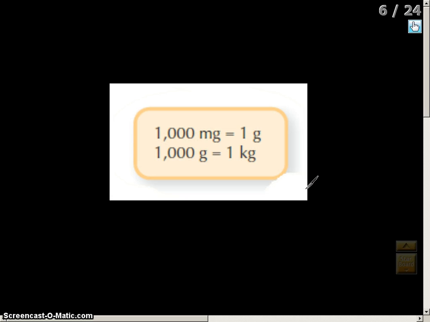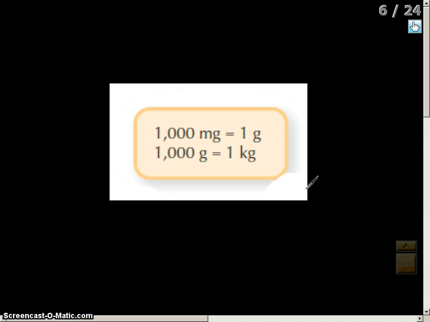So we have 1,000 milligrams equals 1 gram. 1,000 grams equals 1 kilogram. Once again, the metric unit of measurement is very simple in that whether you're dealing with grams, liters, meters, or whatever it is, the measurements are all the same.